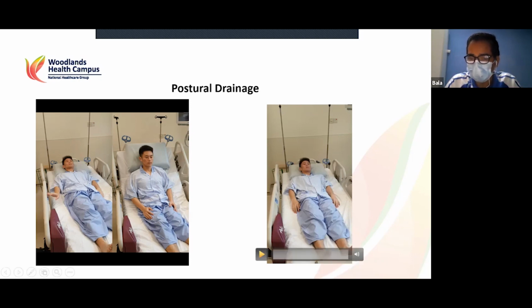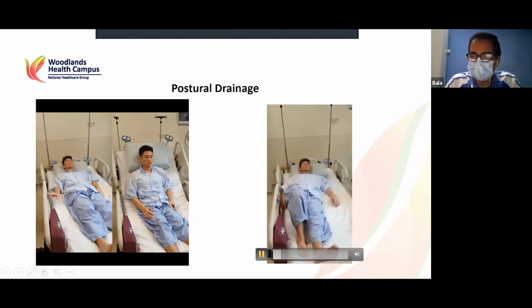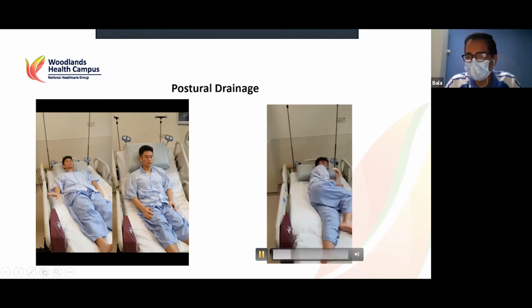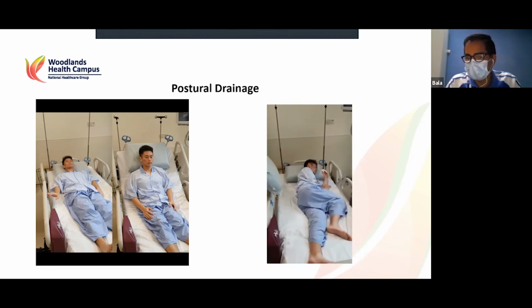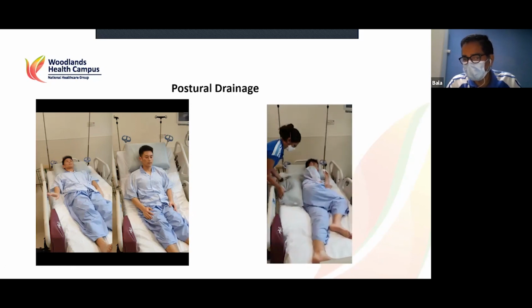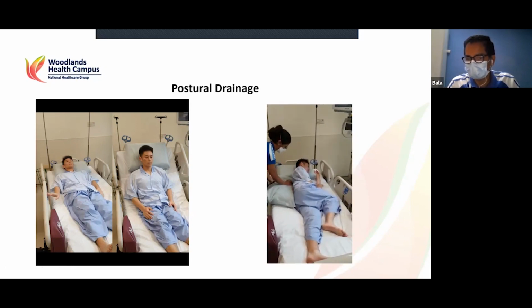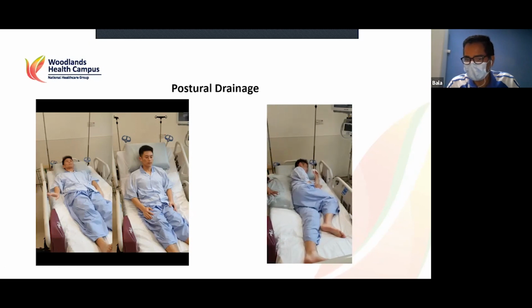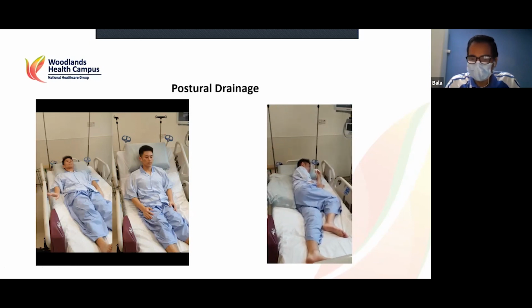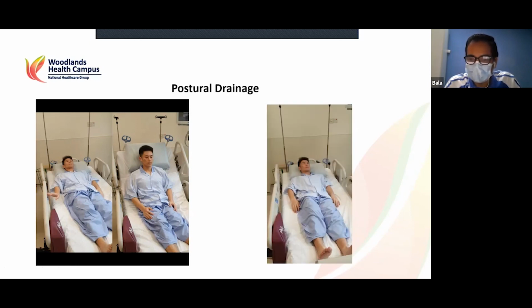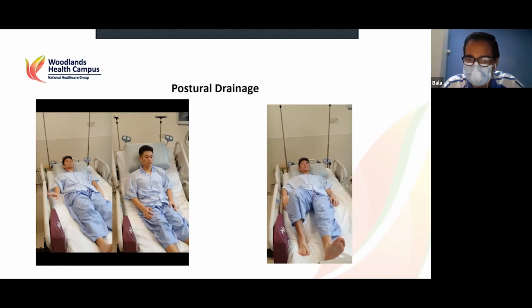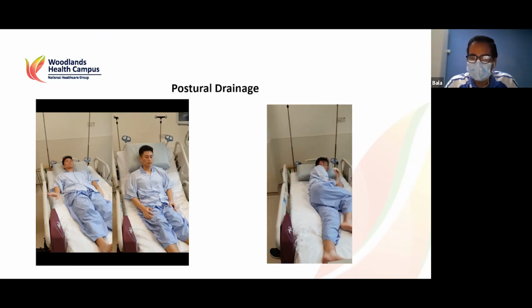So for the first one, if you're lying flat, if you want to drain your upper lobe, you prop yourself up. So this is the first postural drainage position. The second one, if you want to drain your middle and your lower lobes, you just have to turn, and then you can get a pillow just to support yourself.